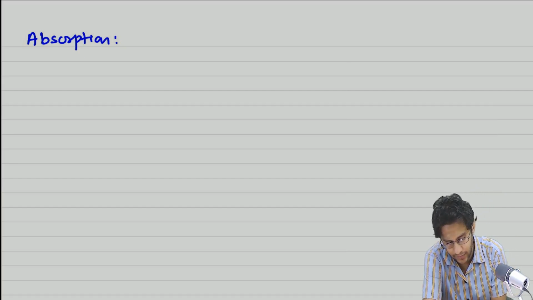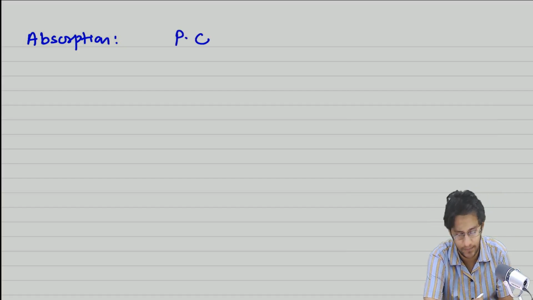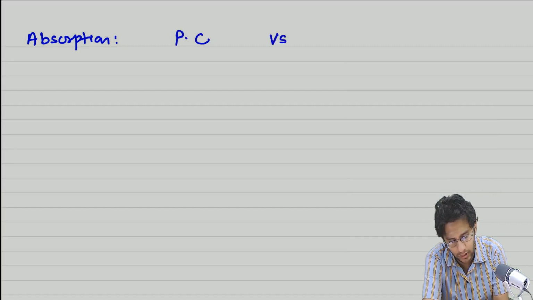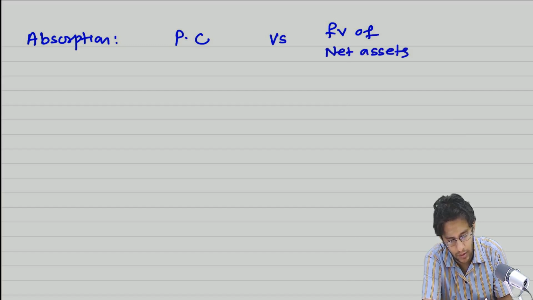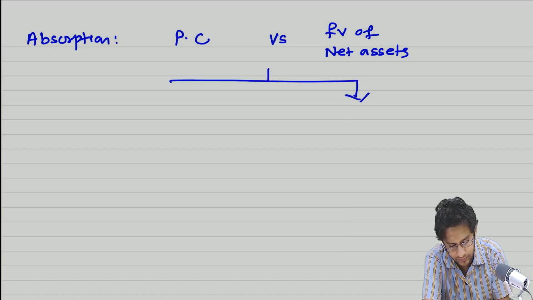In this case, you will have to compute the PC, compare it with the fair value of net assets. Then, in case PC paid is more than net assets, this results into goodwill.